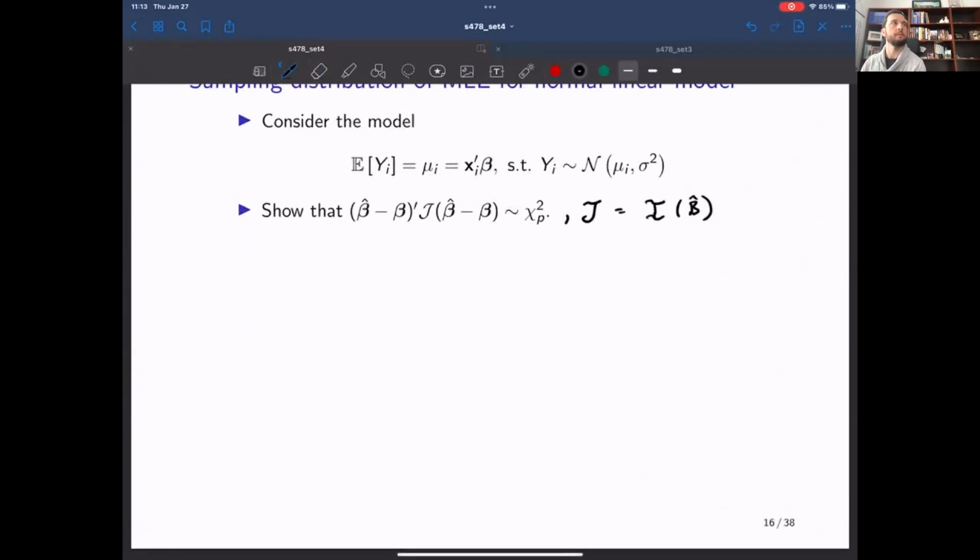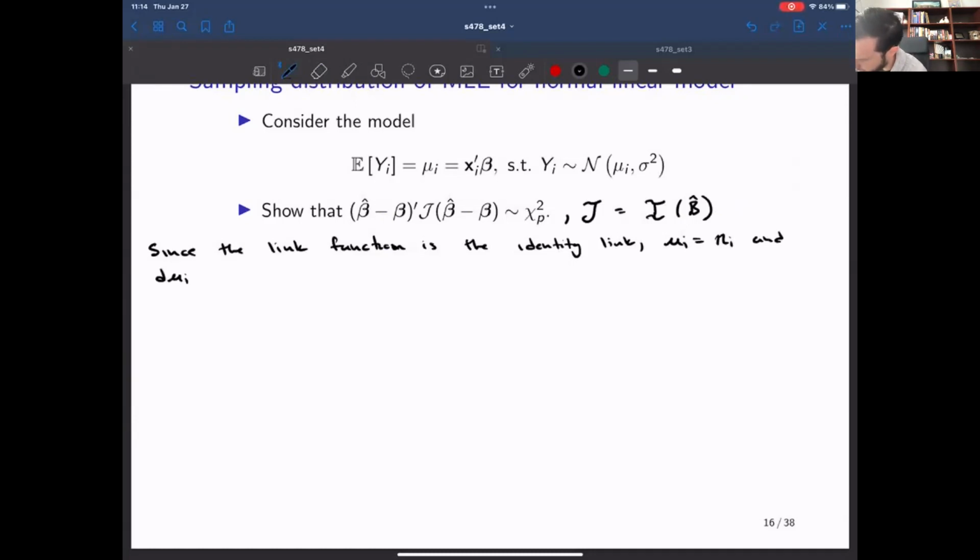All right, so first, since the link function is the identity, mu i is equal to eta i, and d mu i by d eta i is equal to 1.